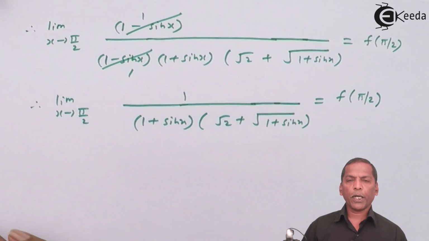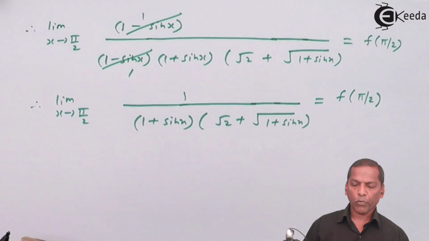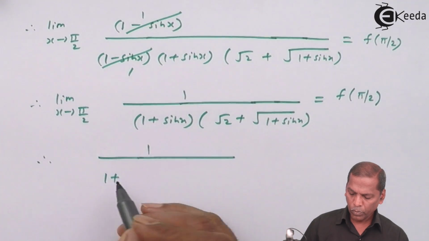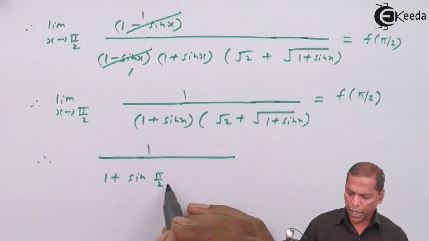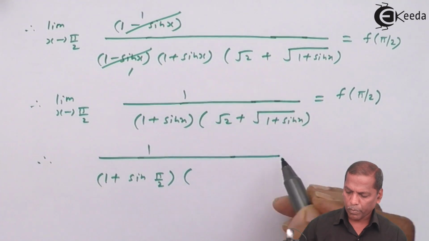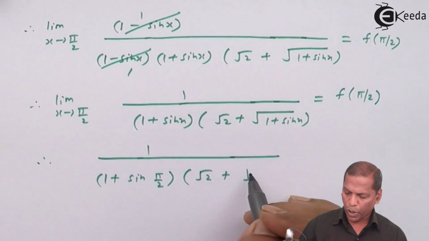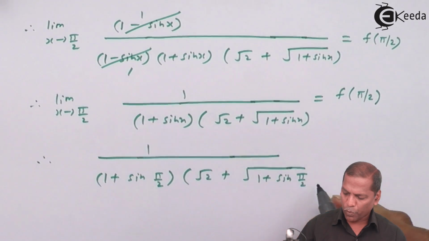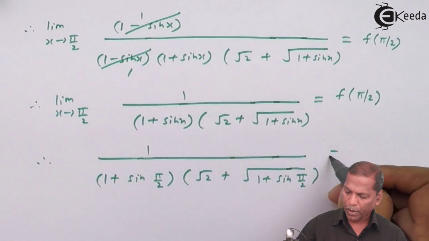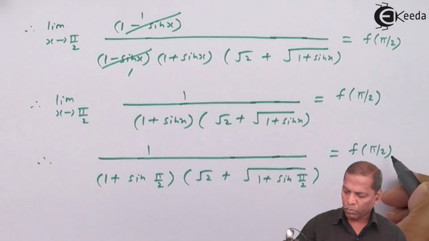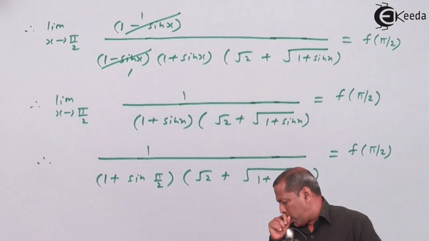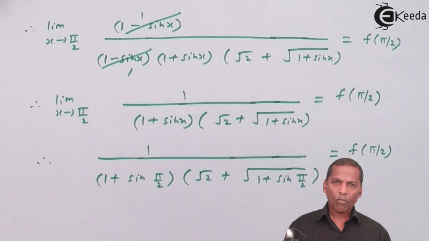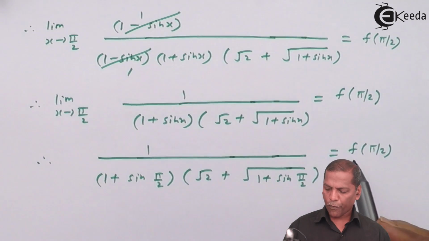Now we have to substitute the limit x equal to pi by 2. So the next step will be 1 upon 1 plus sine of pi by 2 in one bracket into root 2 plus square root of 1 plus sine of pi by 2 in the second bracket, and that is equal to f of pi by 2.